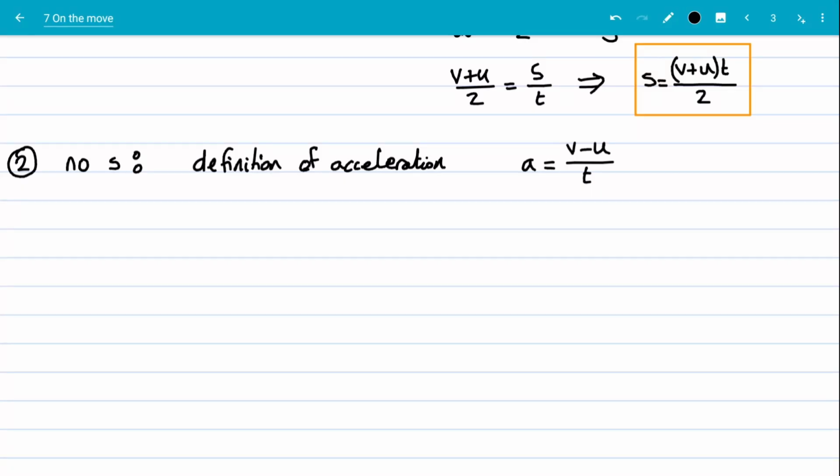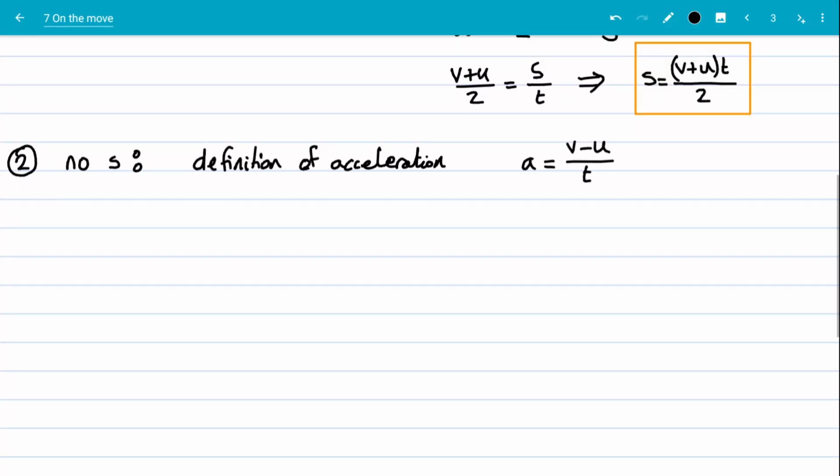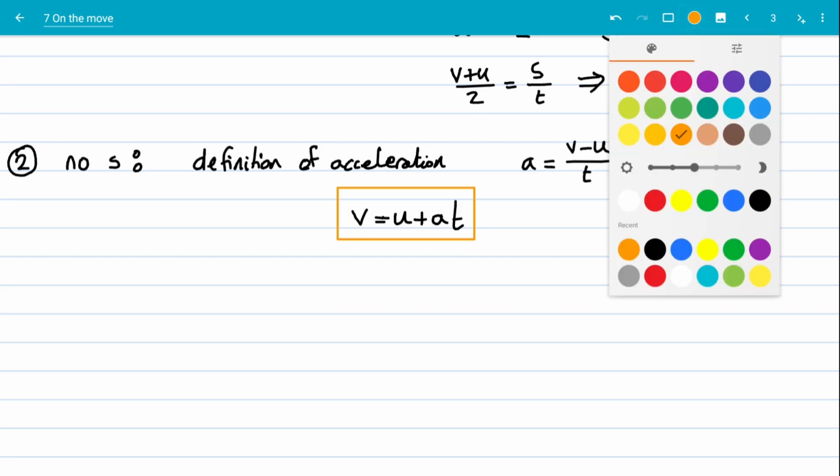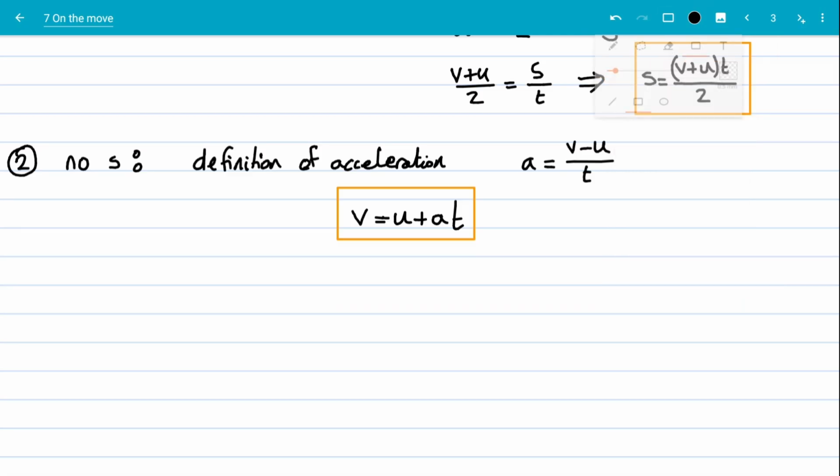We're there, actually. We just rearrange this equation to make V the subject if we want to. V equals U plus AT is how this equation is usually presented. But we're there, we don't have to do anything else. The definition of acceleration rearranged is the no-S equation. It relates V, U, A, and T, and only works if the acceleration is V minus U over T, which is only true if the velocity versus time graph shows a straight line.